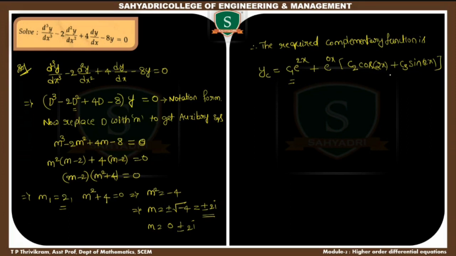In this way you have to write the solution. So overall the solution will become C1 e power 2x plus, e power 0 is 1, C2 cos 2x plus C3 sin 2x.